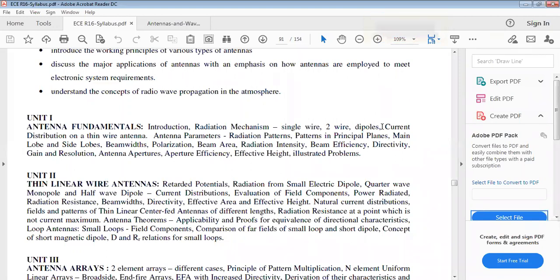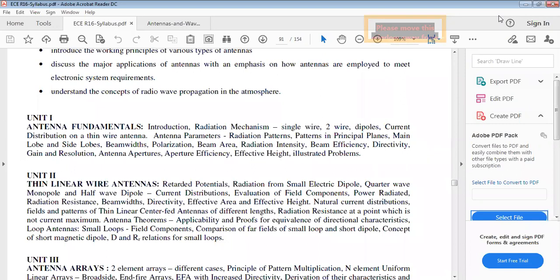Especially in the last class, we learned the retarded potentials: the static electric field potential V, and the retarded magnetic potential, V of r comma t and A of r comma t.